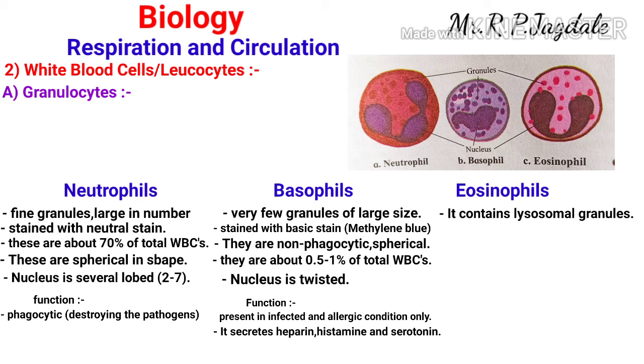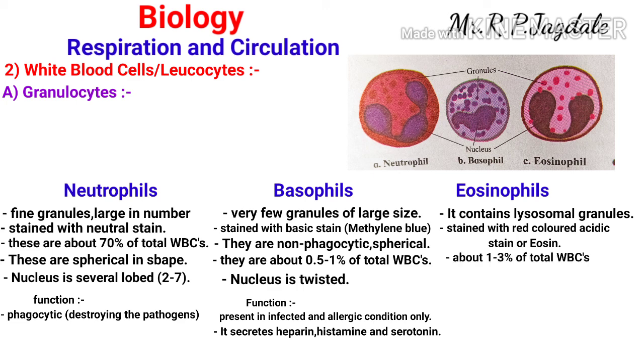These granules are stained with a red colored acidic stain like eosin. The stain is acidic, that's why they are called acidophils, and eosin is mostly used, that's why they are called eosinophils.